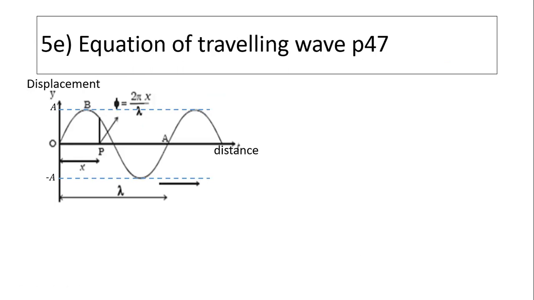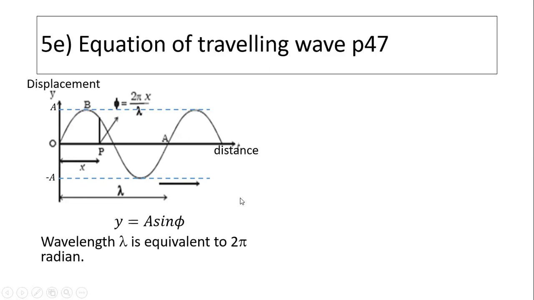Right? Equation of a traveling wave, page 47. We can represent it as y equals A sine phi. If we call that angle phi, identify where the position of this phi is, which angle. Then we have to change this to angle.